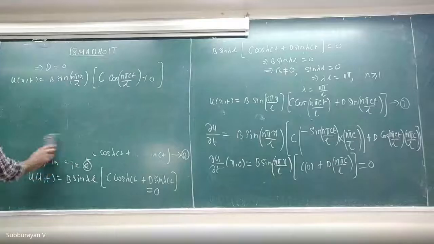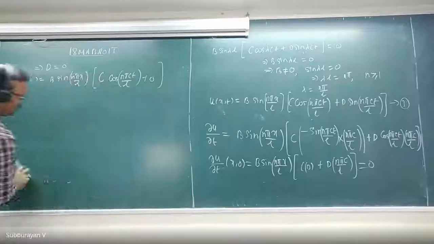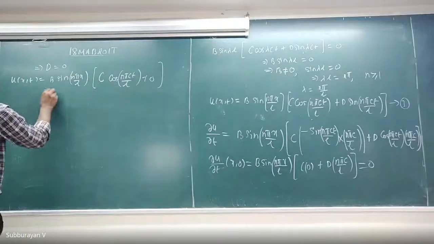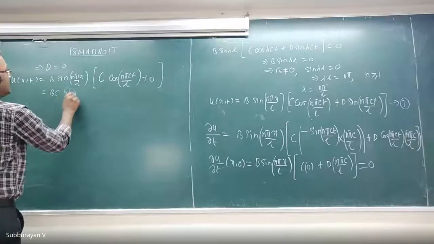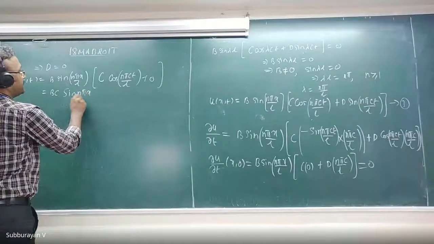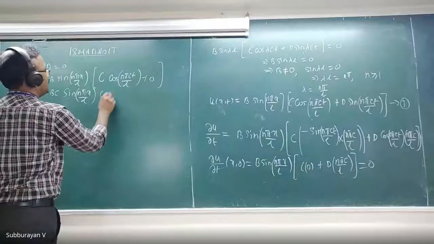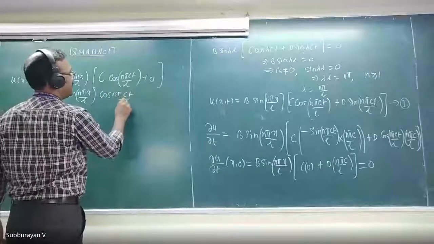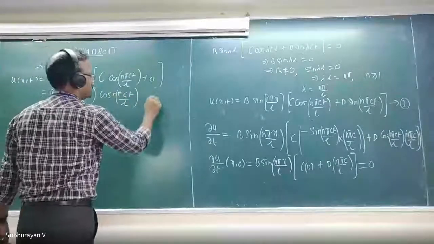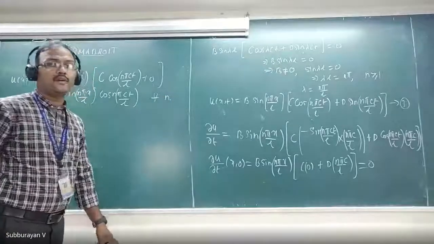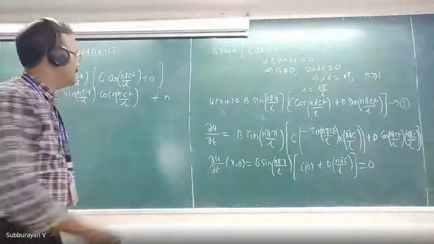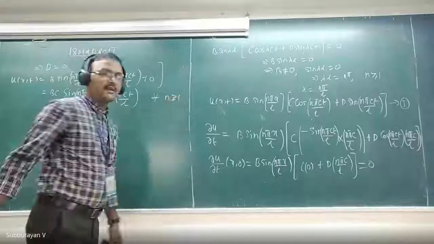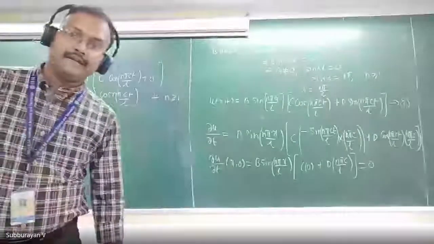That is BC into sin n pi x by L into cos n pi ct divided by L. This is true for all positive integer n.